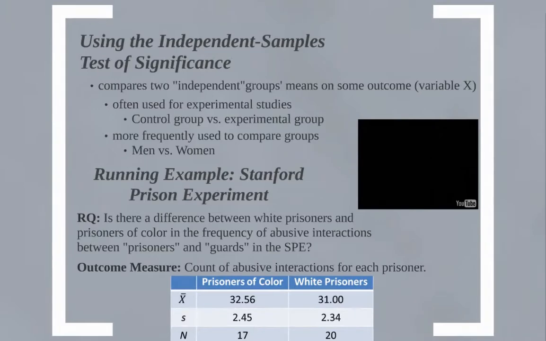So on average, prisoners of color were abused 32.56 times over 6 days, with a standard deviation of 2.45, and there were 17 of them. White prisoners, on the other hand, were abused on an average of 31 times over the 6 days, with a standard deviation of 2.34, and there were 20 of them. So we can ask this question statistically now, based on this information.